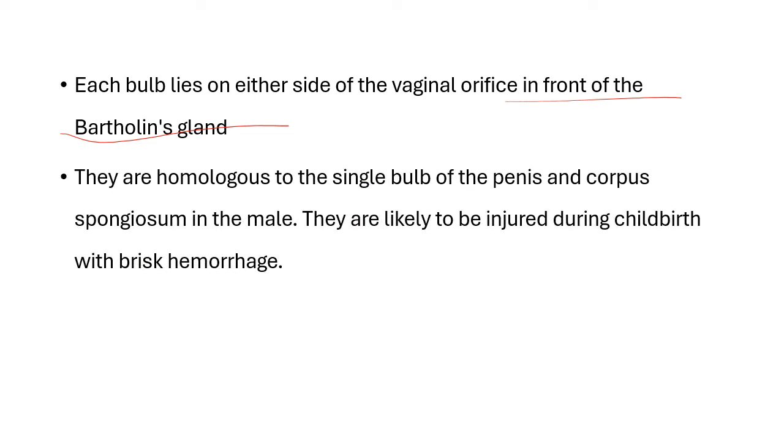They are homologous to the bulb of the penis and corpus spongiosum in the male. They are likely to be injured during childbirth with brisk hemorrhage, that is, severe bleeding leading to hemorrhagic shock.